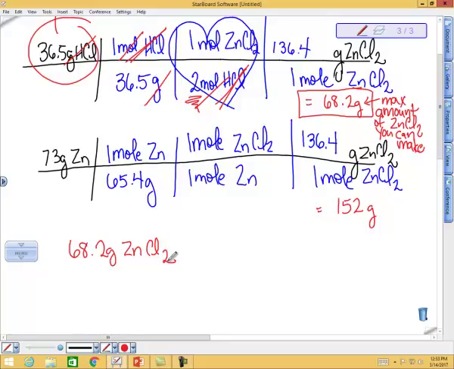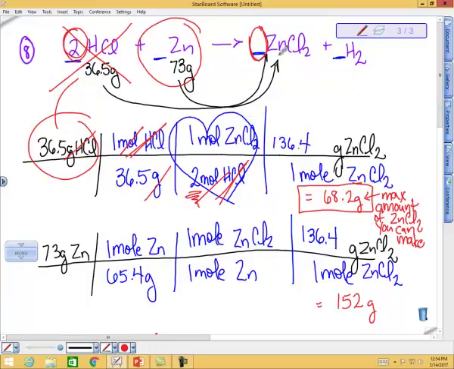However, and this is my way of doing it, I do a third stoichiometry problem. It sounds like a lot of work, but it's not, because you already have all of your molar masses done. So doing this last piece is actually really easy. I'm going to take the 68.2 grams of zinc chloride that I made and work a stoichiometry problem from zinc chloride to zinc.